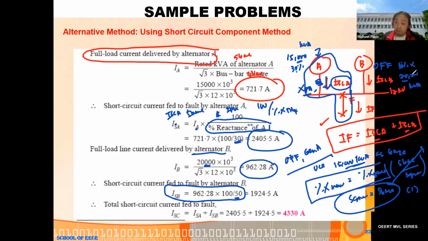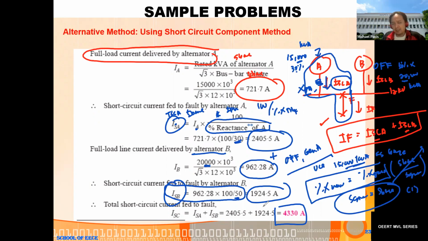If you do the same analysis here, the same kVA din ang ginamit, then naka-off ang A, the answer for ISC at B is 1,924.5. And if you add ISC at A and B, it will deal with the same result a while ago. That is 4.33 kiloampere.